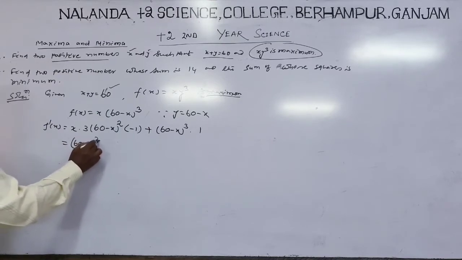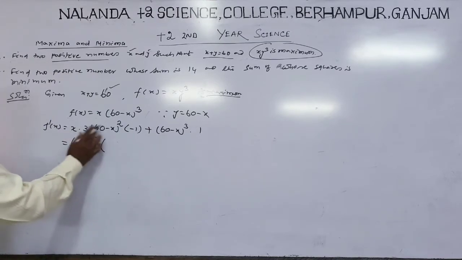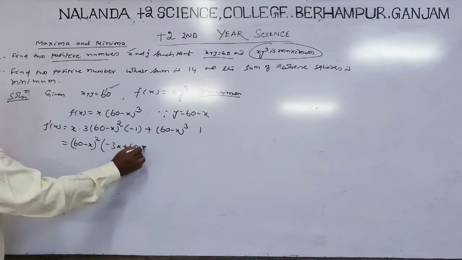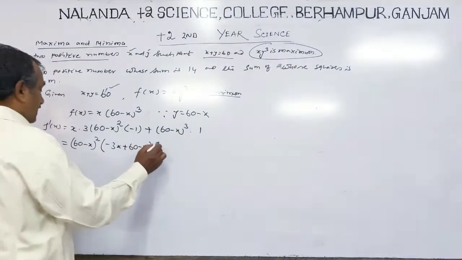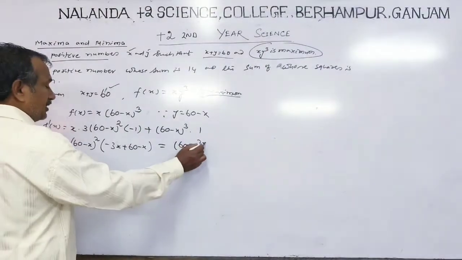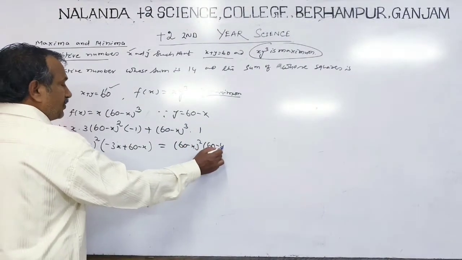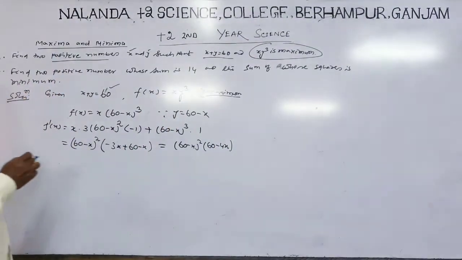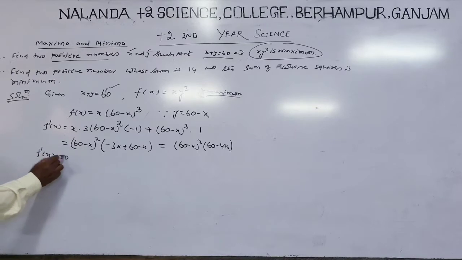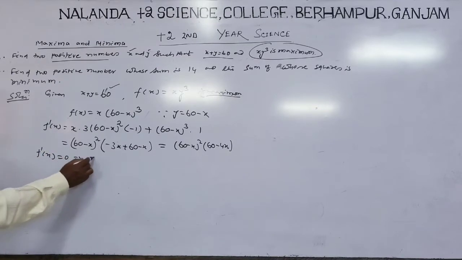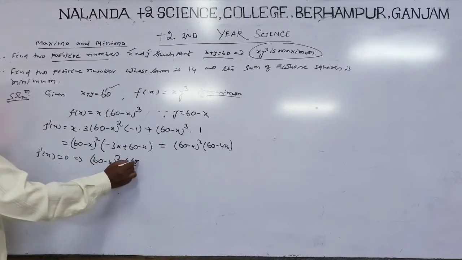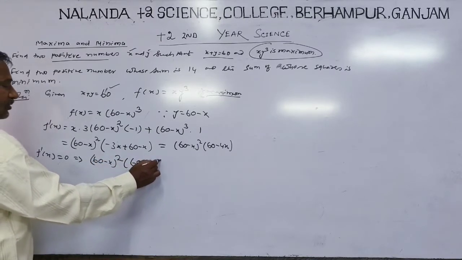Now here minus 3x plus 60 minus x, or we can write 60 minus x whole square into 60 minus 4x. So f dash x equal to 0 means 60 minus x whole square into 60 minus 4x equal to 0.